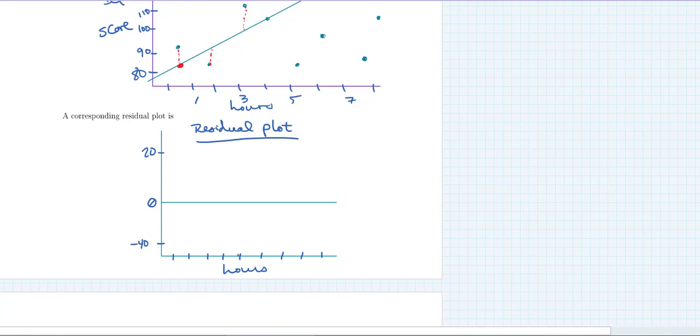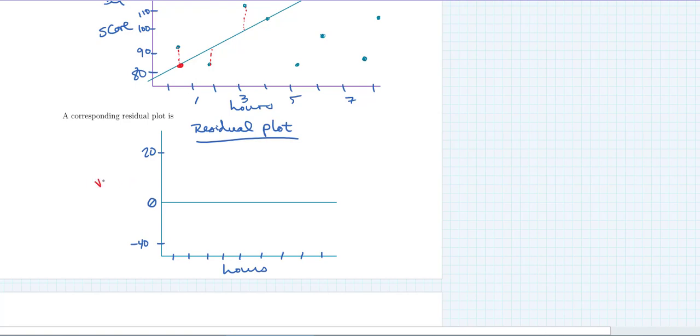So our explanatory axis, or x-axis, is going to have the same variables. Every point is going to be graphed at the same x value. What changes is the y-axis. We're no longer looking at IQ score. What we're looking at are the differences in vertical distance.